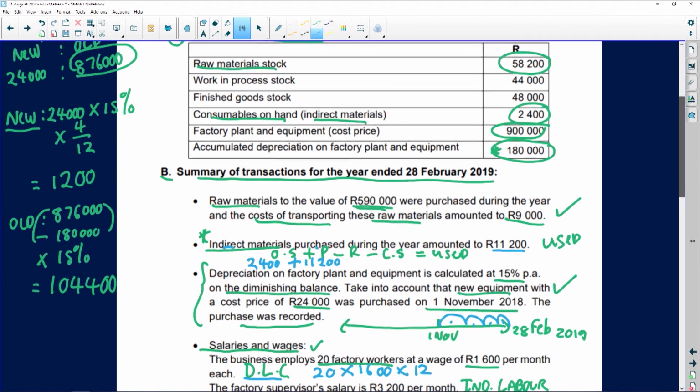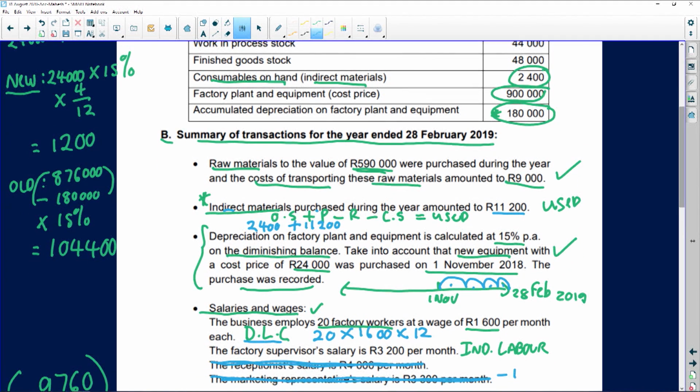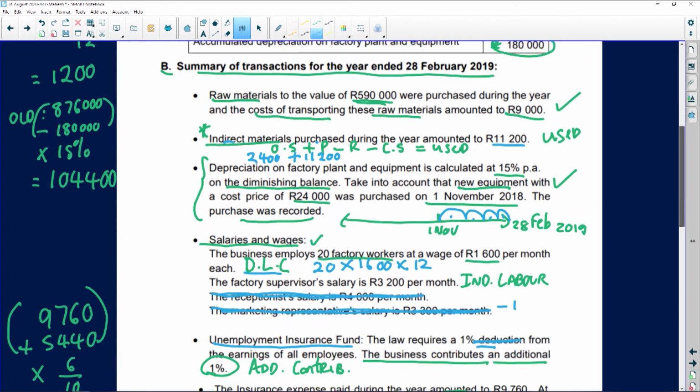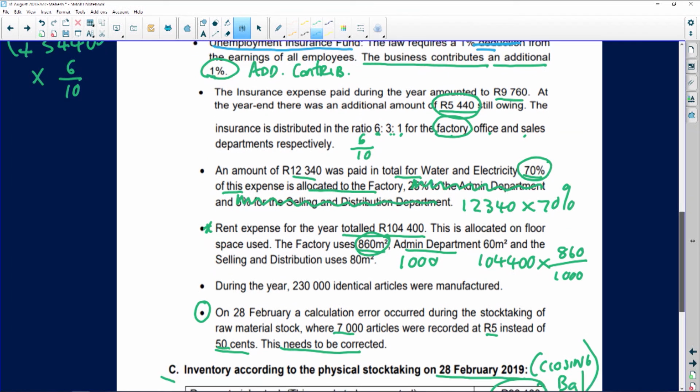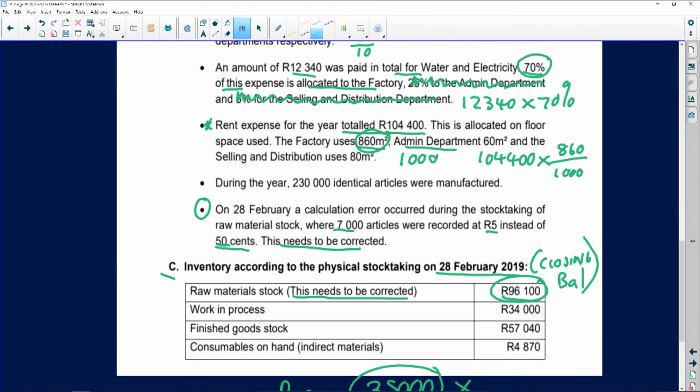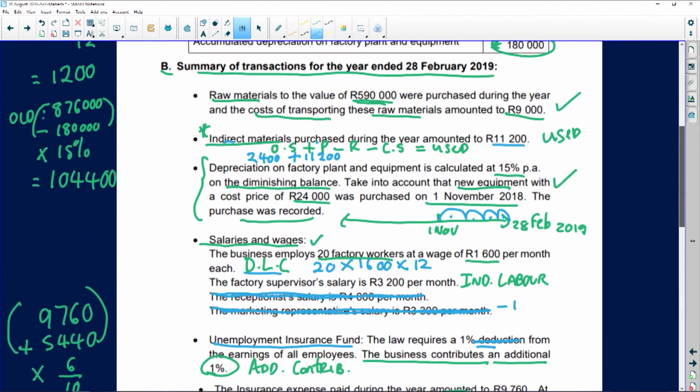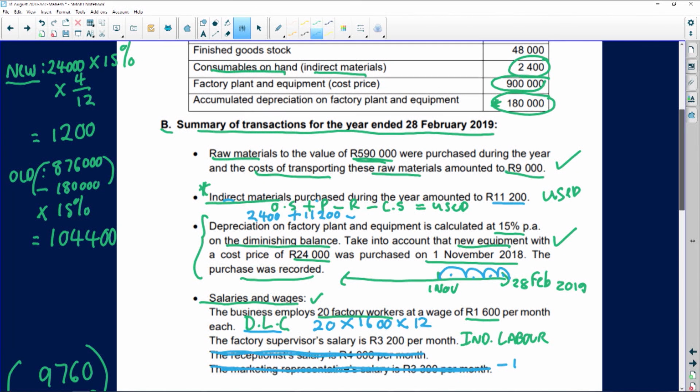We would have come across returns immediately on the next line. So there are no returns. What is my closing stock at the end of the year? If I go down to the information, consumables on hand, indirect materials at the end of the year, 4,870. So all I'm doing now is subtracting that amount of 4,870, and that will give you how much you ended up using, and that is your expense.